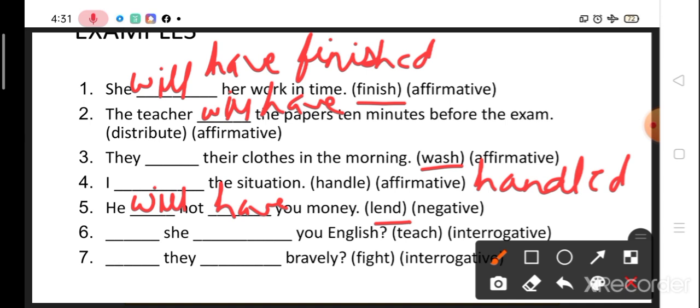Past tense or ed form of lend is lent. He will not have lent you money. Then the next example, will she have taught?